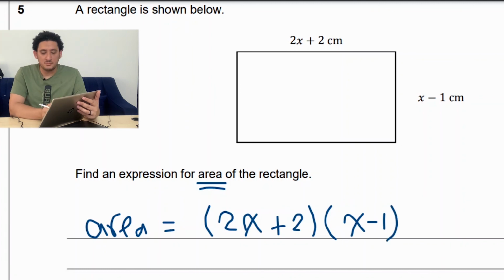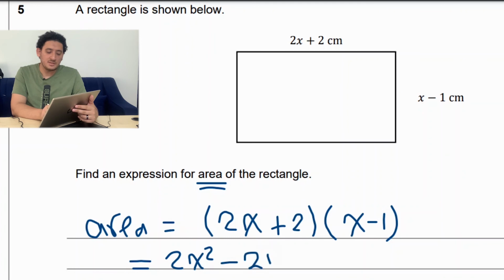And then we can expand both of them to find the answer. So we can say 2x will be multiplied by x minus 1, and positive 2 will also be multiplied by the same expression, and we will collect the like terms after that. 2x multiply x means 2x squared. 2x multiply negative 1 means minus 2x. 2 multiply x is 2x. 2 multiply negative 1 is minus 2.